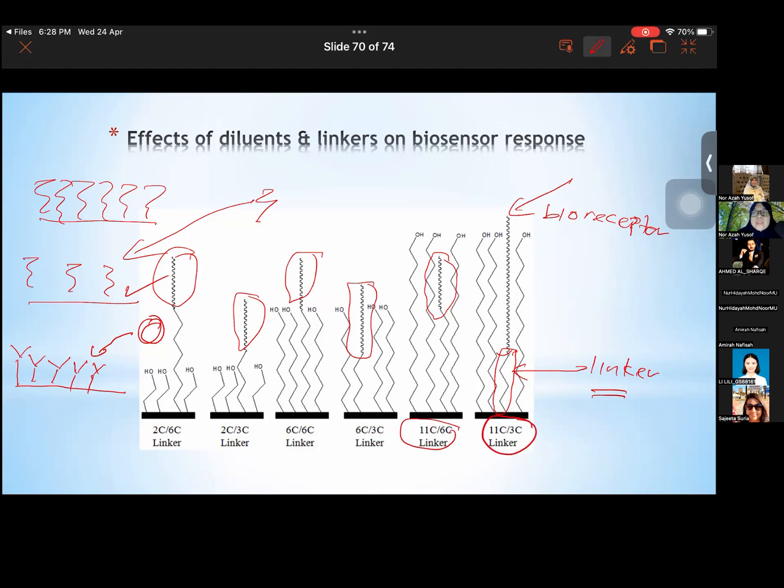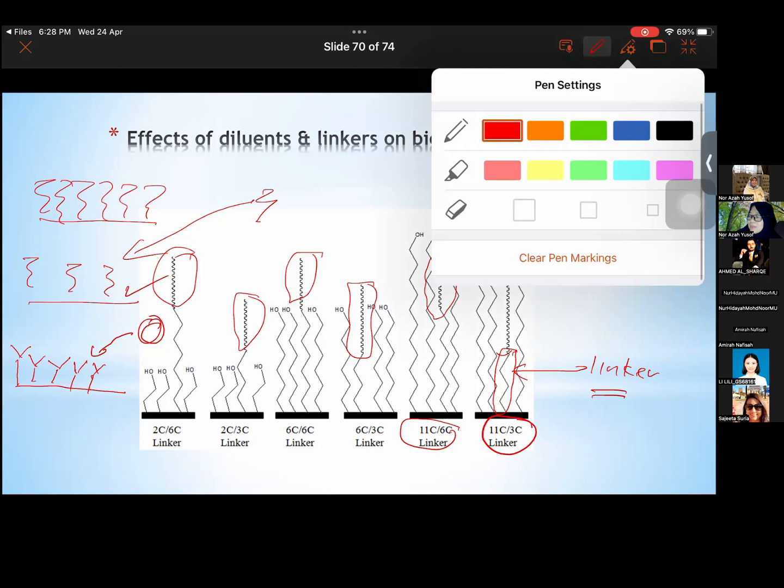So we need to study the best length of linker to make sure that the bioreceptor is accessible to the analyte. If the analyte cannot see, I'm not saying see because they don't have eyes, but if they are not accessible to the bioreceptor that you put on top of the sensor surface, then it's difficult for them to interact. Okay, that's the easiest way to understand.